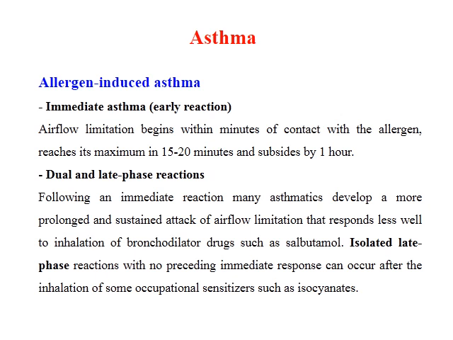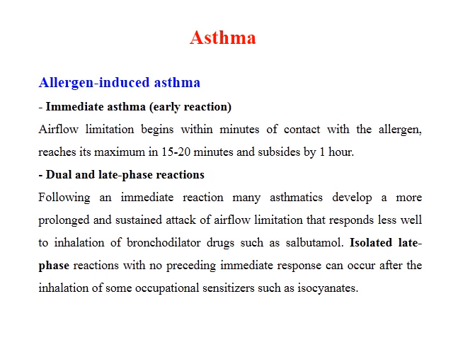While the dual reaction also can occur within a few minutes of contact with the allergen, but develops into more prolonged or sustained attacks of airway limitation. These types of reaction may respond less to inhaled bronchodilator drugs such as salbutamol.